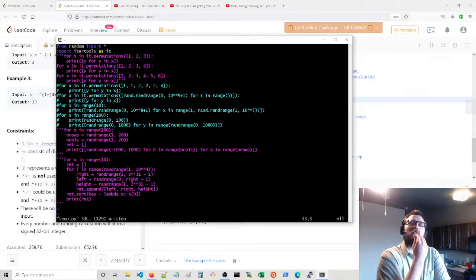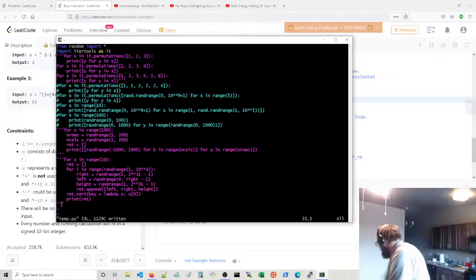We would actually need to do this recursively too, so we can generate expressions and then within those expressions generate sub-expressions. Yeah, actually generating the test cases for this is kind of challenging.